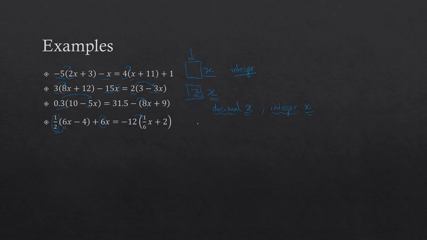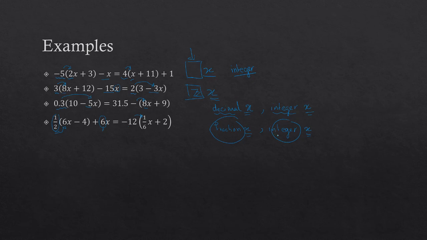So we have a fraction multiplied by x, and we have 6, an integer multiplied by x. X is in its linear form, and its coefficients are rational numbers.